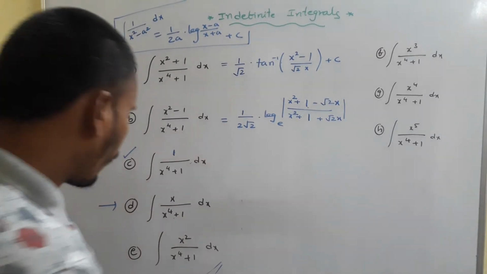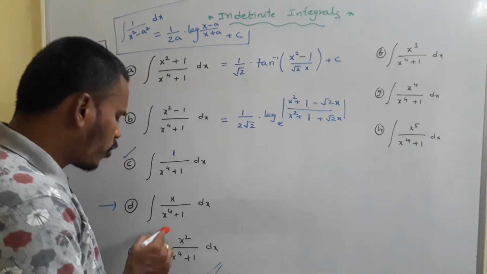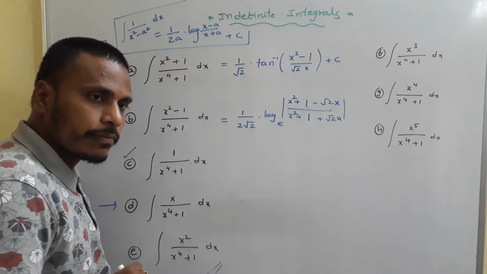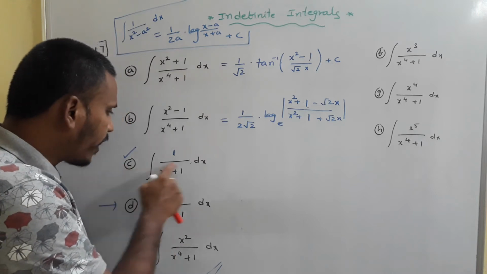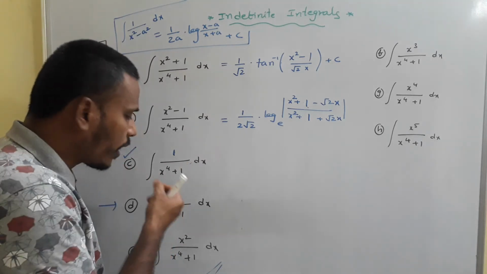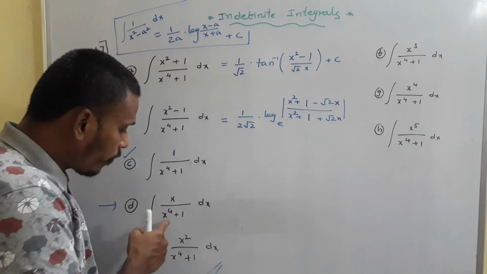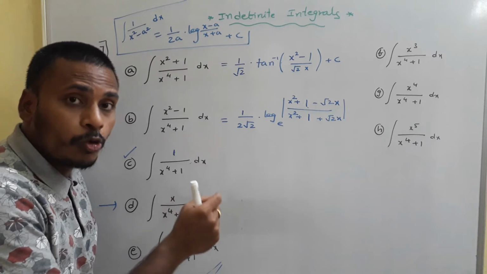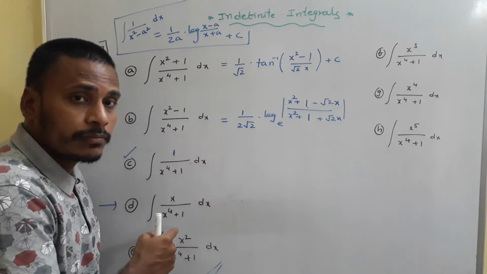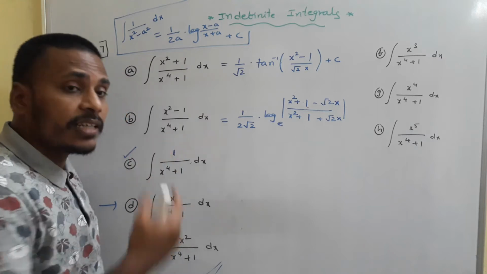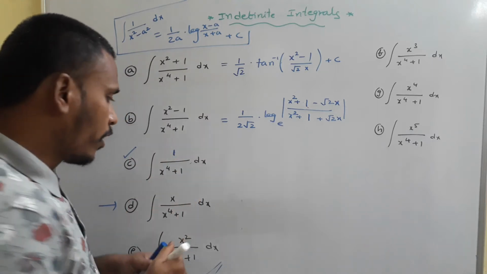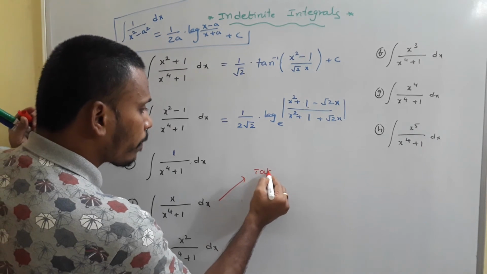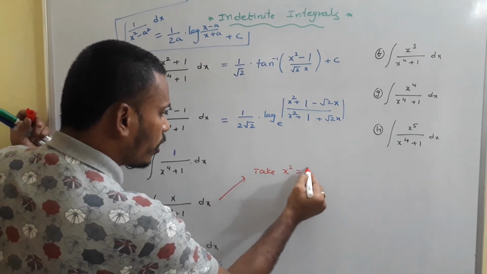Then for bit D, it is very easy actually. Here in the denominator we have x power 4 and here we have x. So while trying bit C, what we discussed is, if we take x square as t, 2x dx should be there in the numerator. Since it is not there there, it is not acceptable. But here it is acceptable because x dx is there. So for this problem, you need to take x square equal to t.